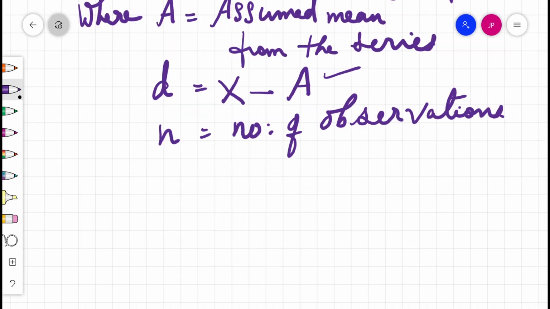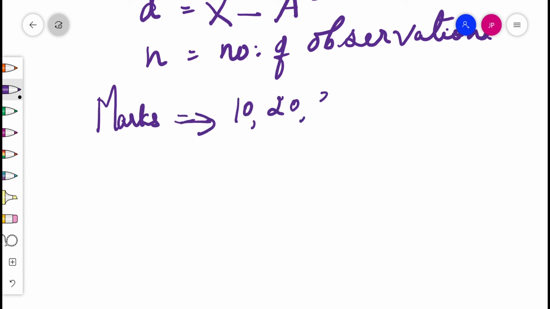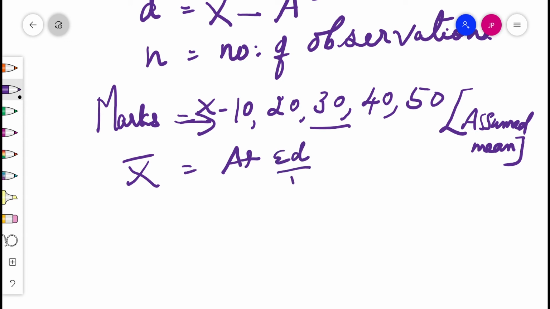Yes, the same marks of 5 subjects, the same example: 10, 20, 30, 40, 50. That is x. So write arithmetic mean, with the formula x bar equals A plus sigma d by n, by the assumed mean method.